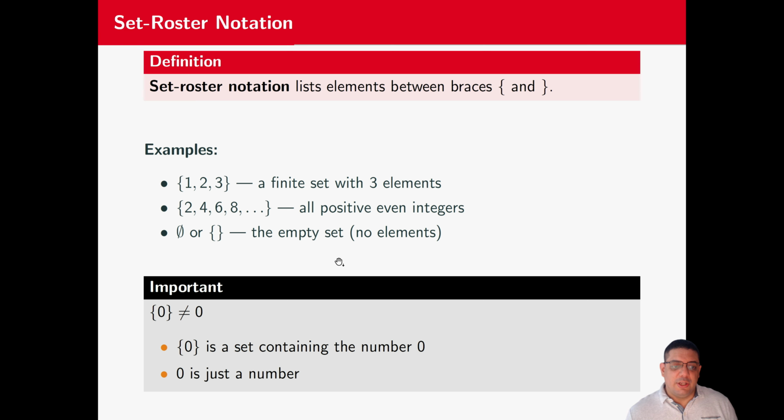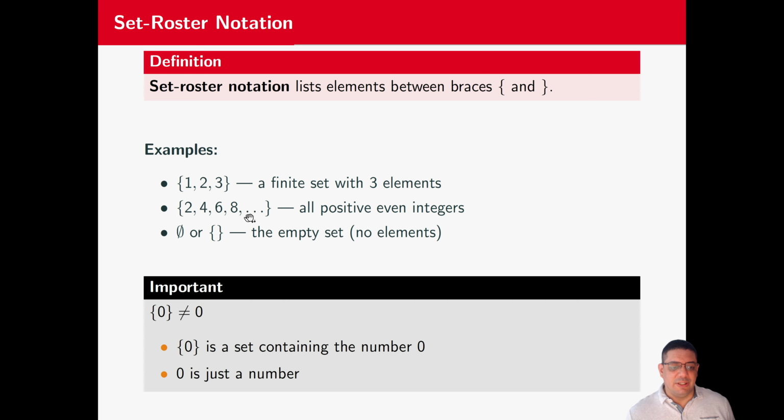In terms of set notation, we have a couple of ways that we can represent sets. We have the set roster notation, which lists elements between braces. As an example, here we have a set with 3 elements. We have {2, 4, 6, 8, ...}, which gives me all the positive even integers, although I don't list them all.